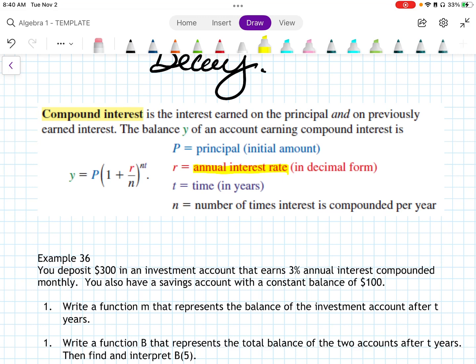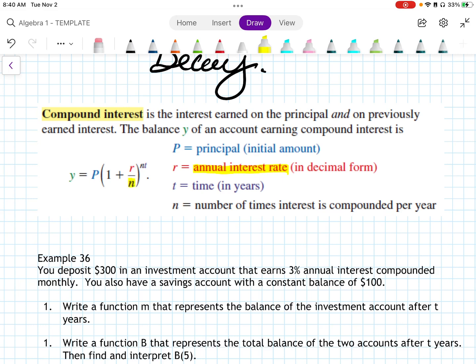A lot of the times, savings accounts will compound interest monthly. If you look at your savings account, every month, right around the same time of the month, there'll be a deposit for however much interest you had. That's saying that the bank calculated interest at that time and deposited money into your account.